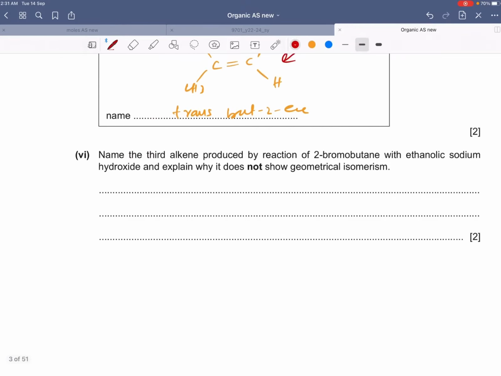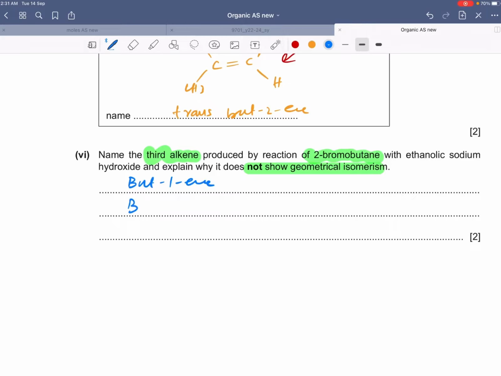Now the next part is: name the third alkene produced. We already have worked out the third structure as well. So name the third alkene produced by reaction of 2-bromobutane with ethanolic sodium hydroxide, and explain why it does not show geometrical isomerism. So the name of the third alkene was but-1-ene, and why does it not show geometrical isomerism?